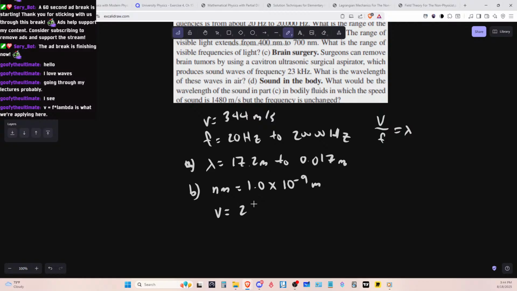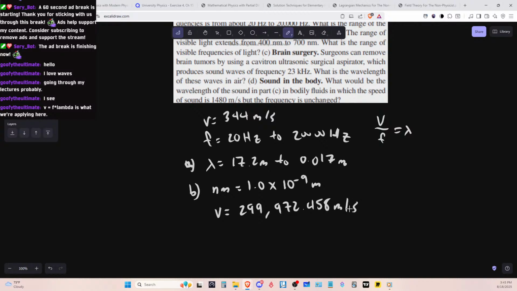So the speed of light is 2.99 million per second.